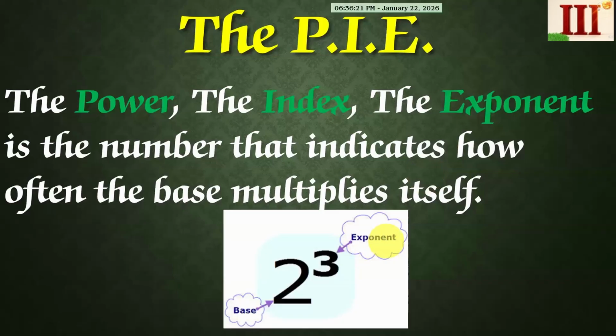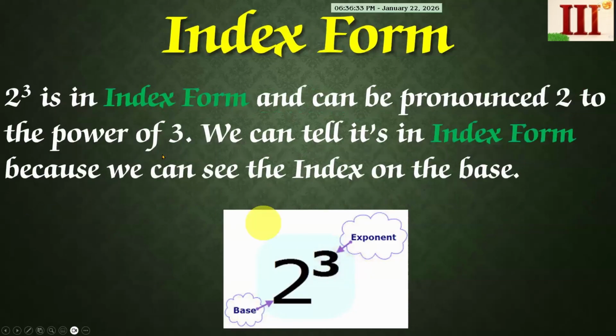Depending on which level you are at, they'll use these 3 different words. And it's not supposed to confuse you. Just understand that this tells you how often to multiply. So 2 to the power of 3 is in index form. A number of times when you're doing the exam, it will ask you to give an answer in index form.